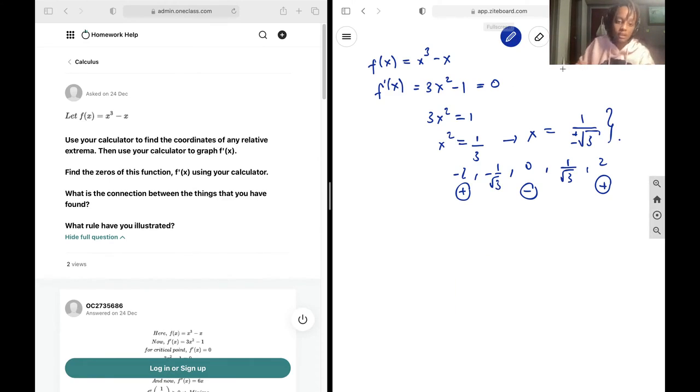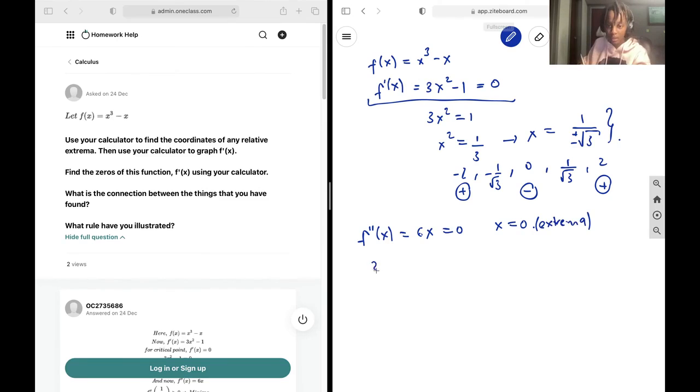Next, let's find the zeros of the derivative function. The derivative of that function is just equal to 6x, set it equal to 0, and that's at x equal to 0. If we test points before and after, this is our turning point, going to be our extrema.